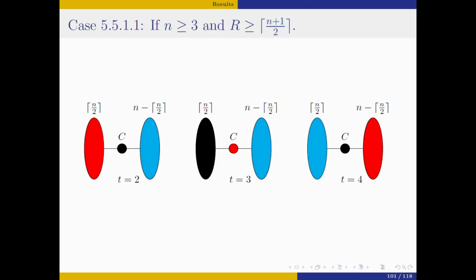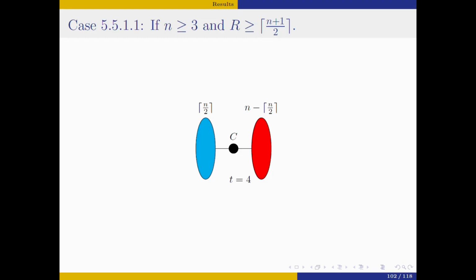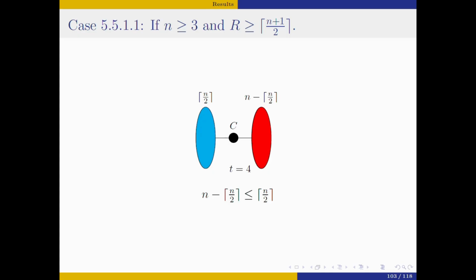In the next time step, the center will die. The external vertices that were dead will become healthy since they only had one infected neighbor, and those that were healthy will become infected since they had an infected neighbor, which was the center. Let's look closely at this last time step. We know that n minus the ceiling of n over 2 is less than or equal to the ceiling of n over 2.